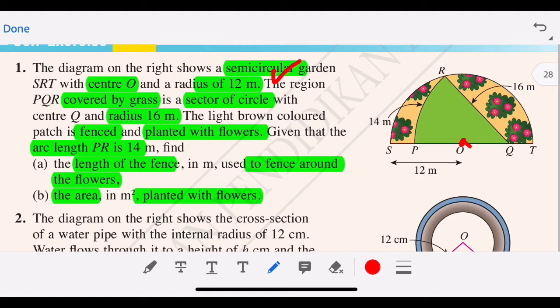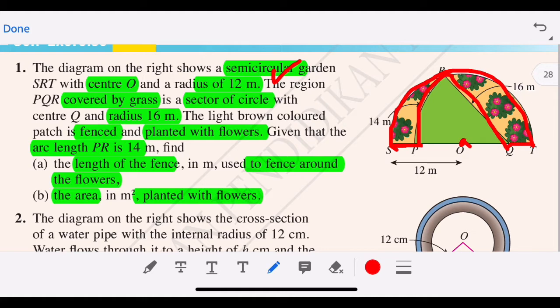I need to find the circumference, because it is the circumference that I need to build the fence. So I highlight the fence, and I need to calculate the length.